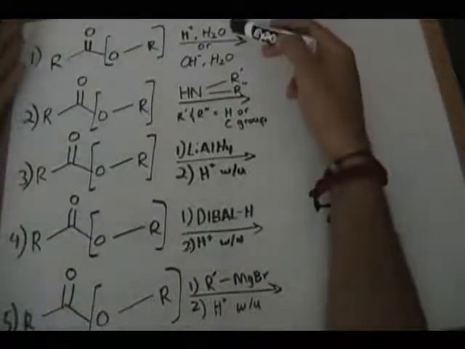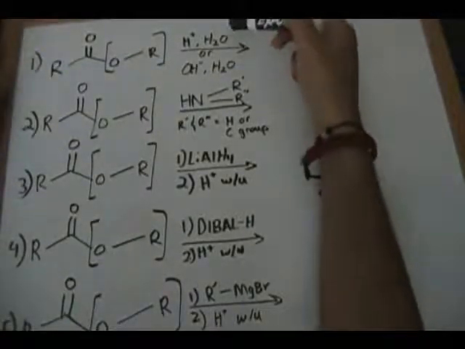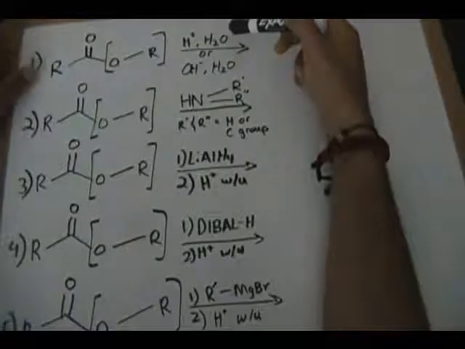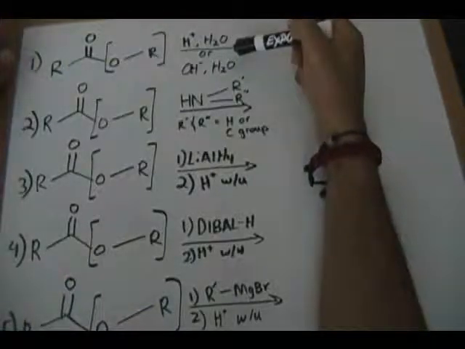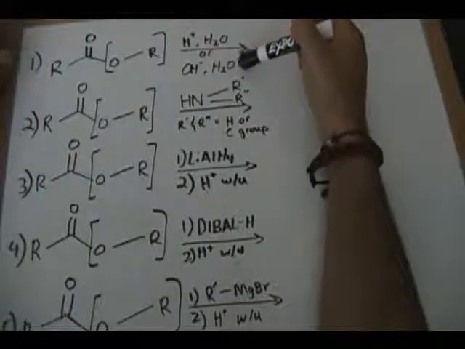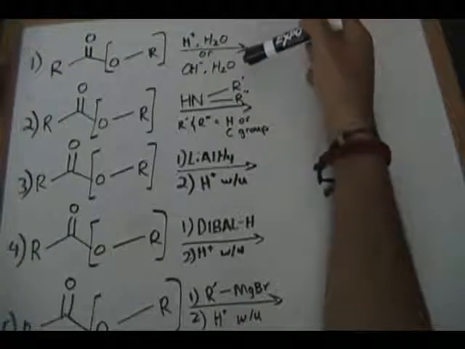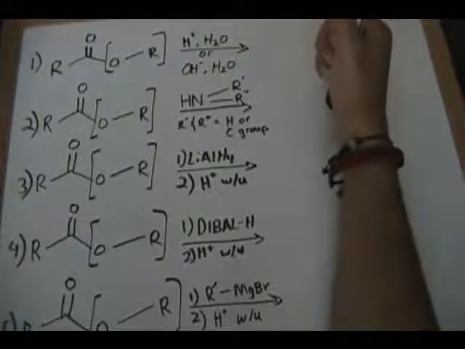So the first reaction we have is an ester reacting with H plus and water, or OH minus and water. So basically you react the ester under acidic conditions in the presence of water, or basic conditions in the presence of water. It's either or. You'll generate the same product, but it will take a different course of mechanism.